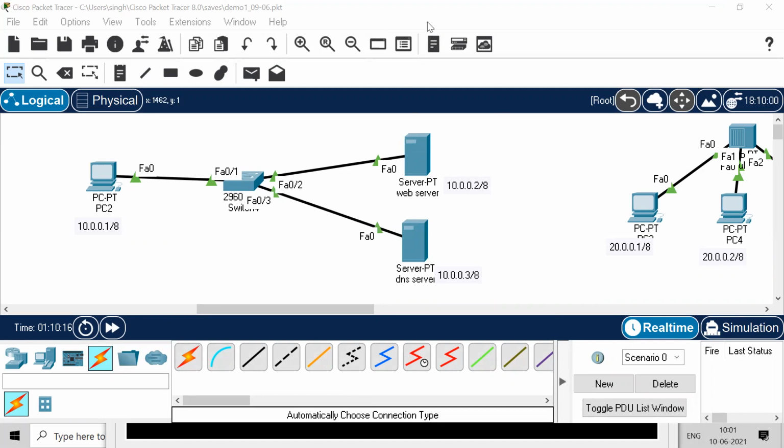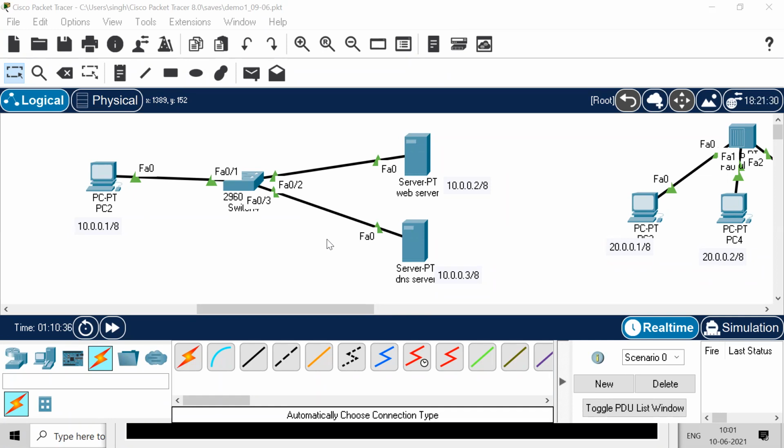Tomorrow's agenda would be to see the TCP/IP protocol suite, because as I mentioned, there is a certain set of protocols which work to achieve the functionalities of the different layers. These different layers which we saw today in the OSI model only had information about their roles and functionalities.